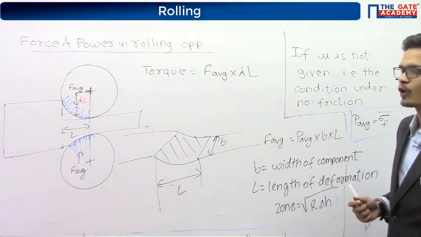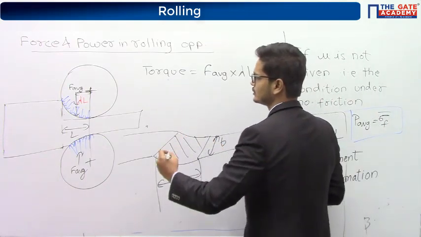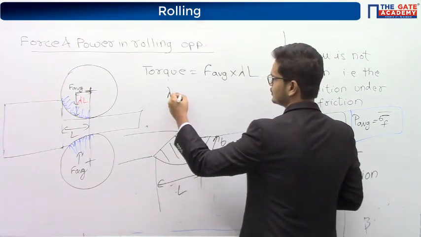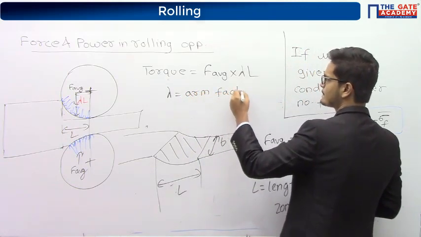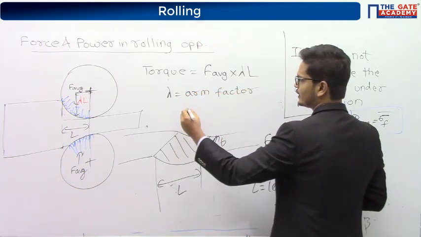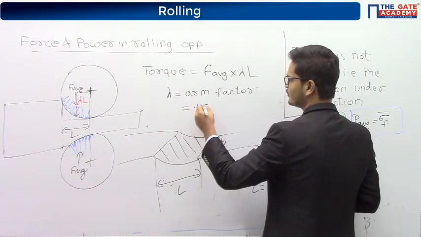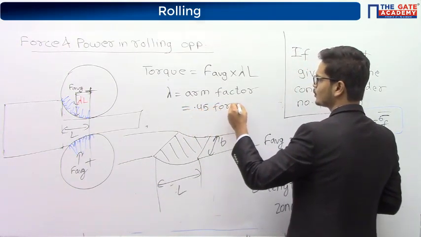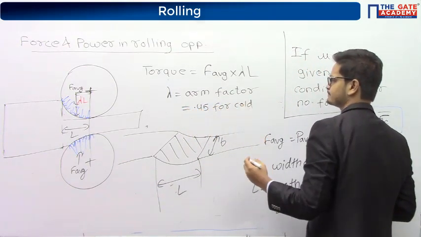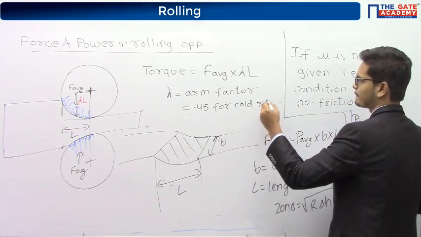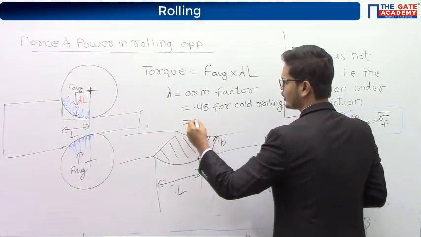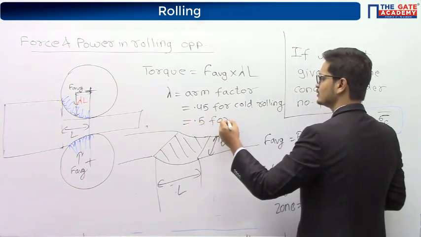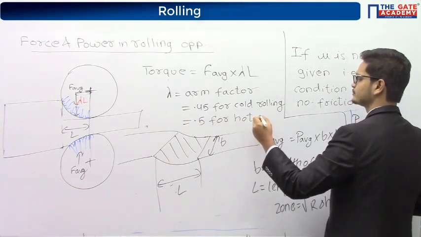Here lambda is called the arm factor. It is 0.45 for cold rolling and 0.5 for hot rolling.